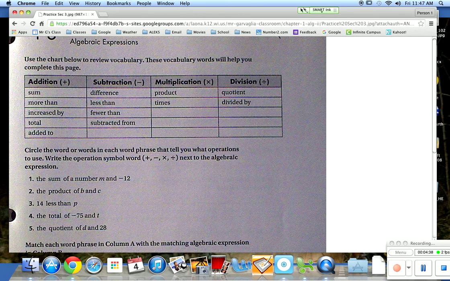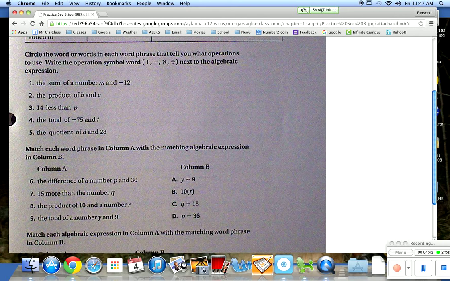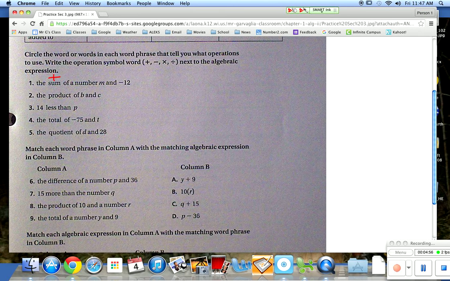Let's go down once. Let's take a look at these terms. The sum. The sum means add, right? Here's what I do when I do that. The sum, I found that keyword, I'm going to put a plus above it, because I know a sum is add, of a number m and negative 12.